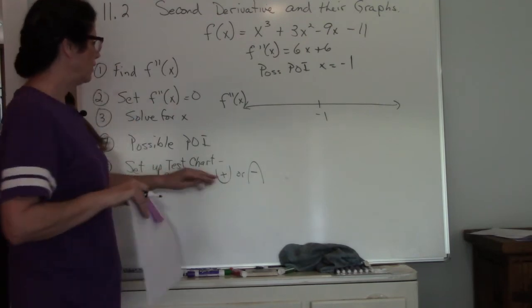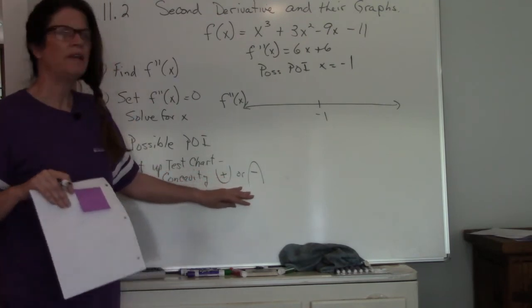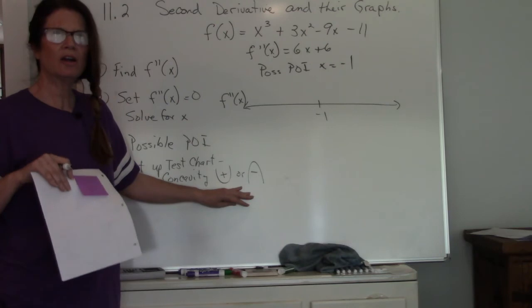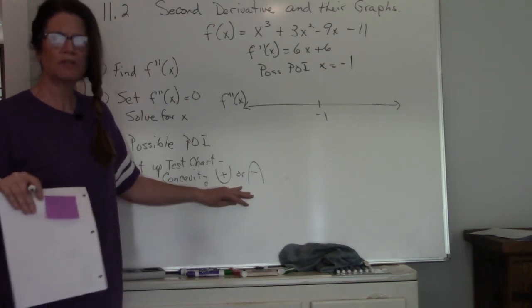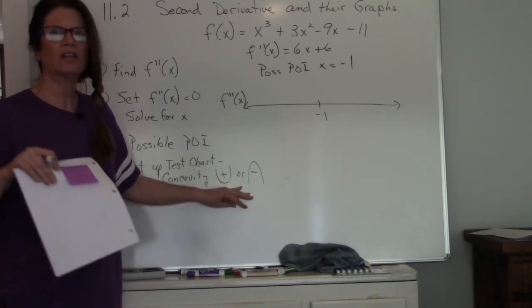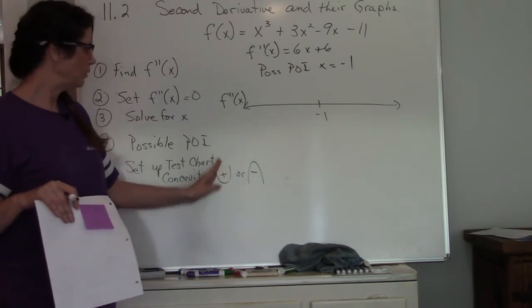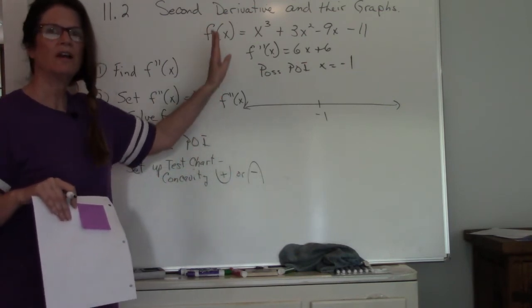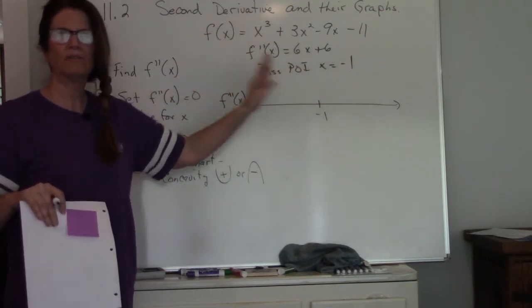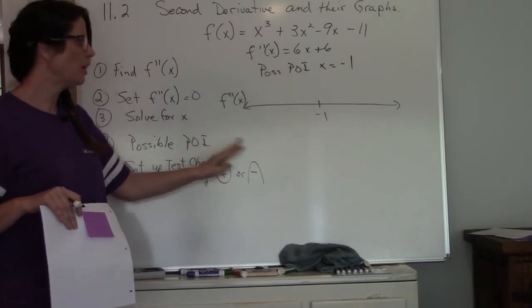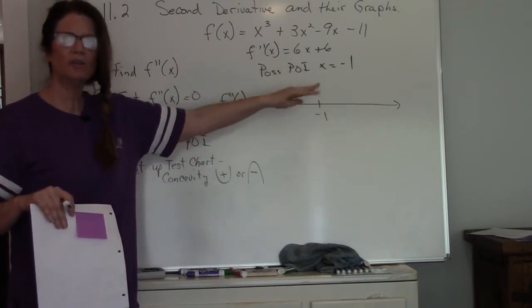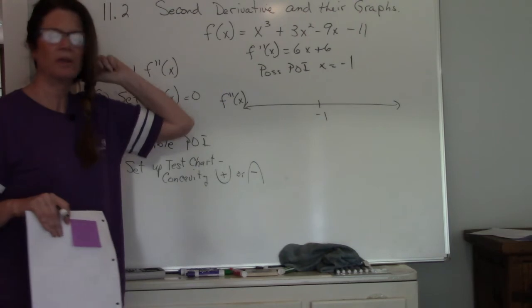So with this one, we know that our possible point of inflection is actually a point of inflection when we go from positive to negative or negative to positive. So anytime there's a change in the interval, then we know that that's actually a point of inflection.